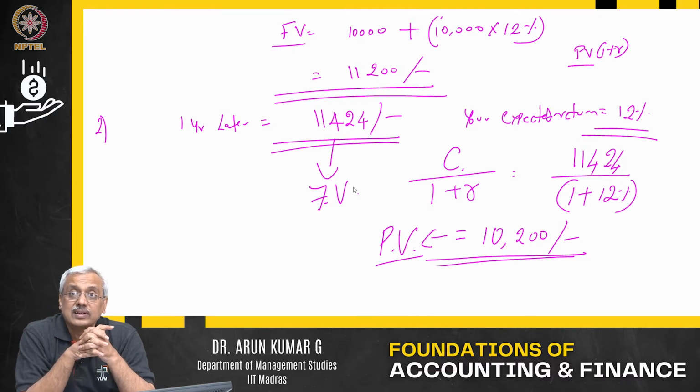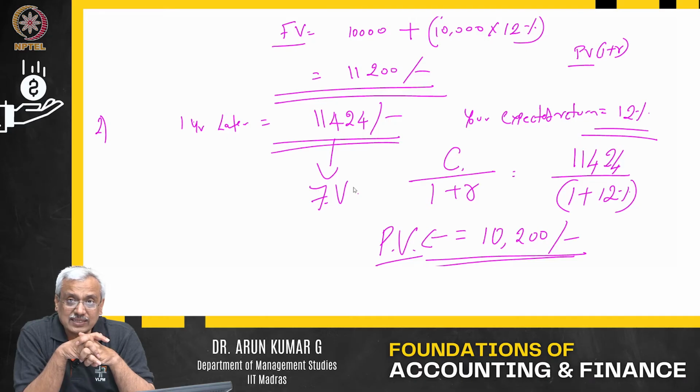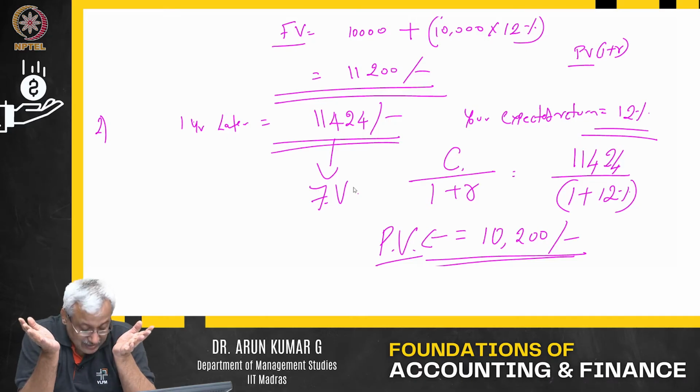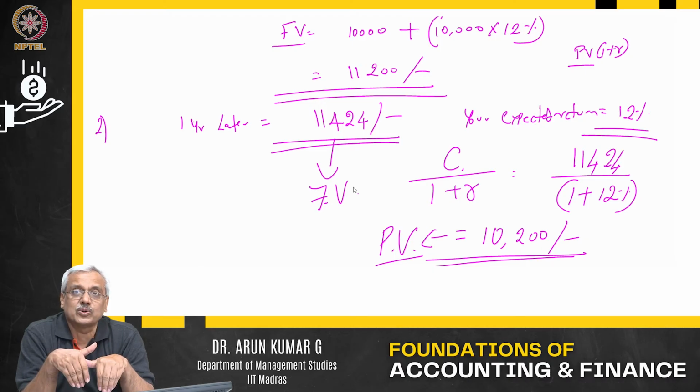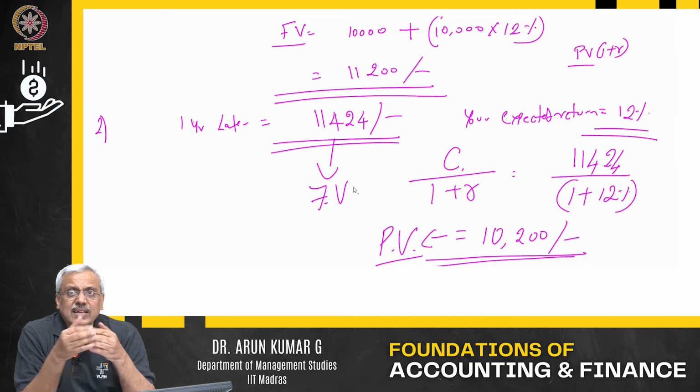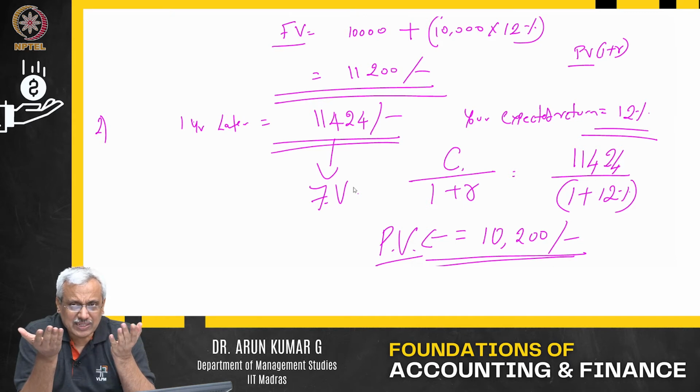Sir, if the expected return changes, will the present value change? Yes, if it is higher than 12%, then the present value will be lower than 10,200. If it is lower than 12%, then the present value will be higher than 10,200. Simple. How much are you discounting? Here I am discounting by 12%.